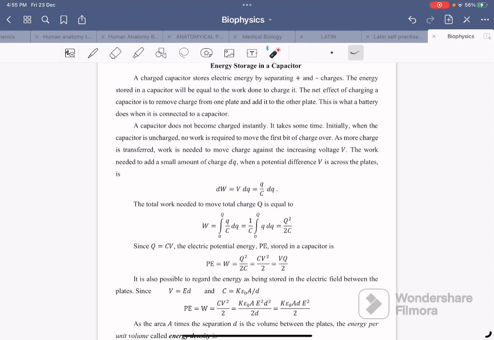So bear with me. The total work needed to move the charge q is equal to, if we are going to consider the actual work done to bring that charge, which is located at infinity, to a certain distance for consideration, we have to take the integration from the point of reference, it could be the origin, to the point of consideration.